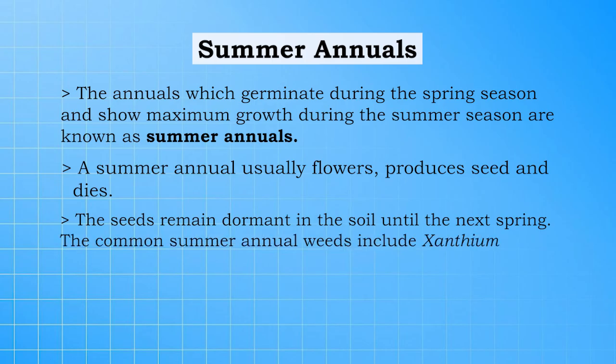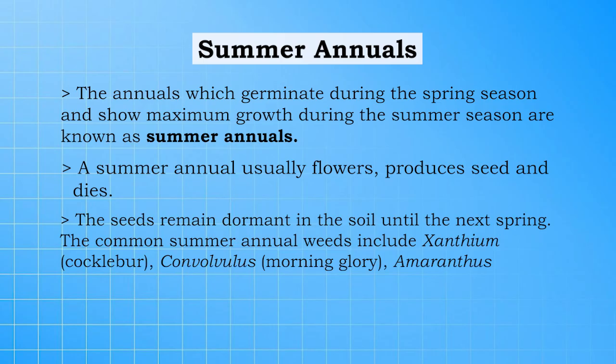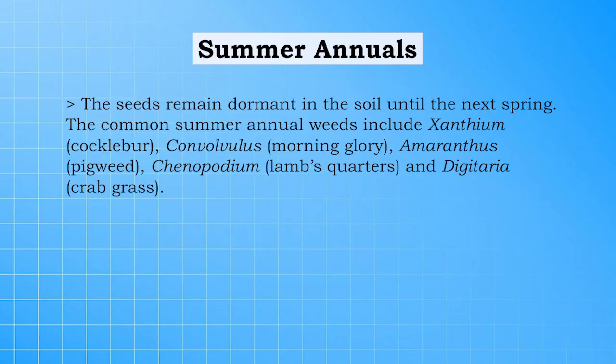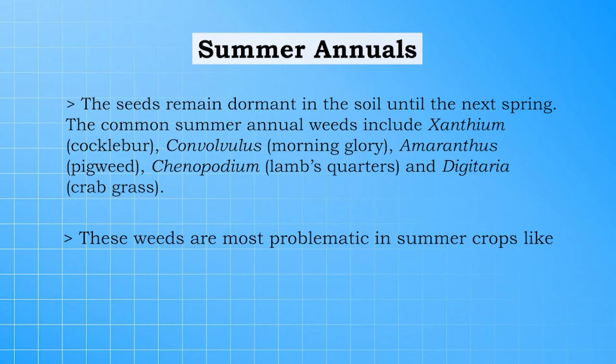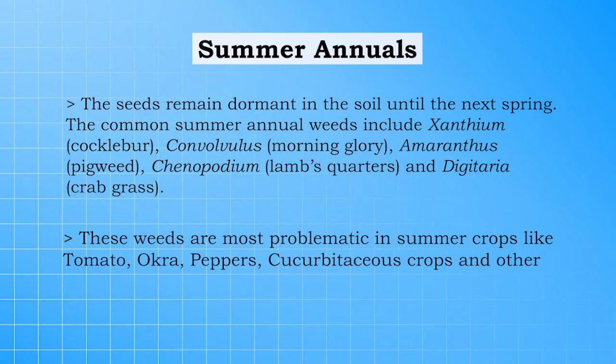The common summer annual weeds include Xanthium, also known as cocklebur, Convolvulus, morning glory, Amaranthus, also known as pigweed, Chenopodium, that is lamb's quarters, and Digitaria, that is crabgrass. These weeds are most problematic in summer crops like tomato, okra, peppers, cucurbitaceous crops, and other spring planted vegetable crops.